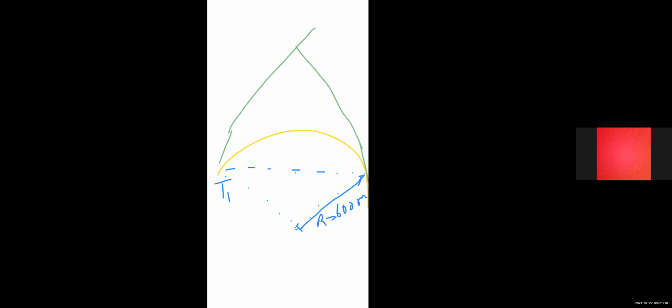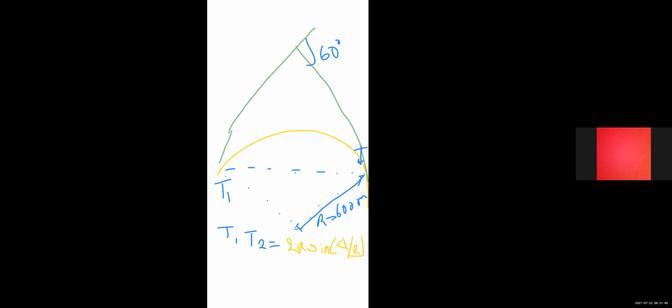Here are the tangent points T1, T2, and here the intersection angle is 60 degree. So what is the length of the long chord, that is total length T1 T2? It is calculated by a simple formula, 2r sine delta by 2.